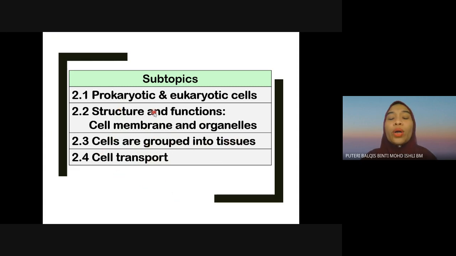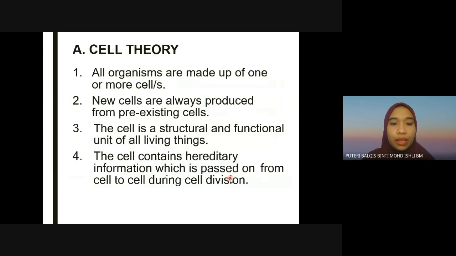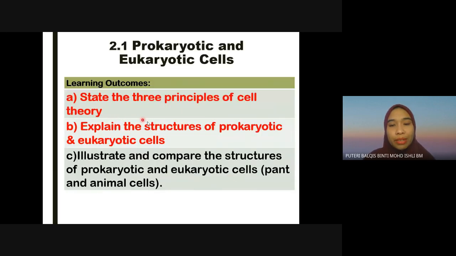Okay, prokaryotic and eukaryotic cell. Kita tengok dulu 2.1 sahaja, sebab ini adalah revision sahaja. State the 3 principles of cell theory, explain the structure of prokaryotic and eukaryotic cells, illustrate and compare the structure of prokaryotic and eukaryotic cell. Kita ada 3 principles. Of course, you need to know the structure of prokaryote and eukaryote.